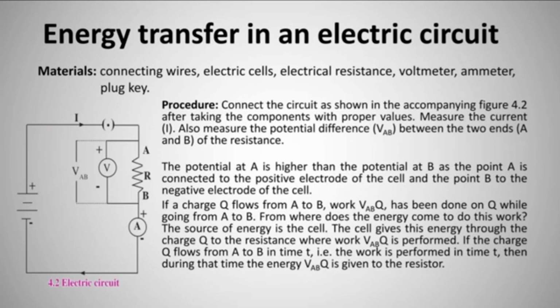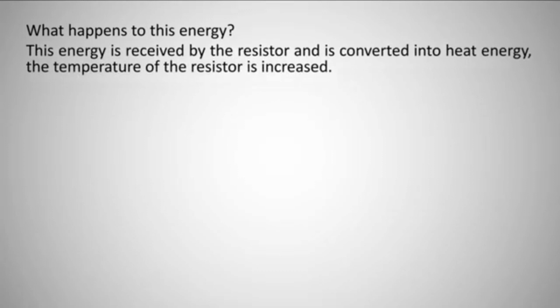If the charge Q flows from A to B in time t, that is, the work is performed in time t, then during that time the energy VAB into Q is given to the resistor. So what happens to this energy? This energy is received by the resistor and is converted into heat energy.